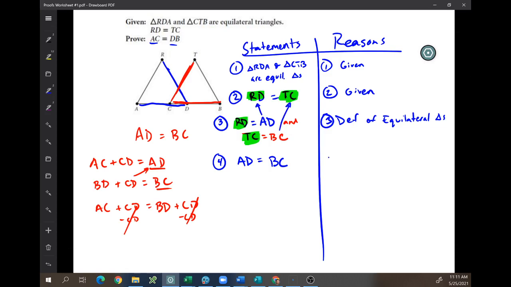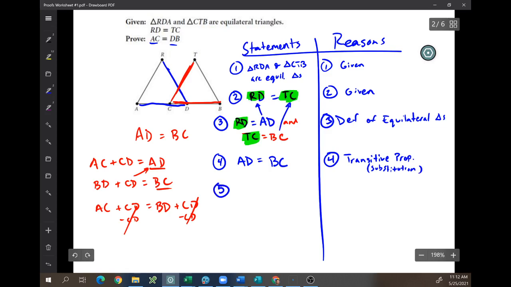So that would be the transitive property, or substitution works as well. I'm substituting in AD for where RD's place was and BC where TC's place was. So now I know those bottoms are equal to each other.